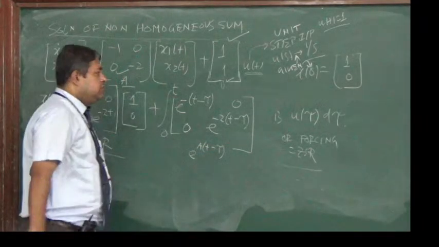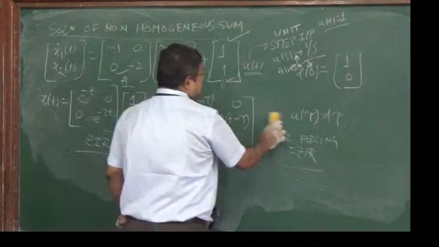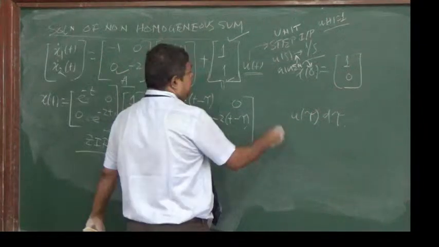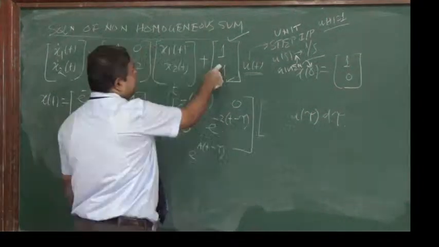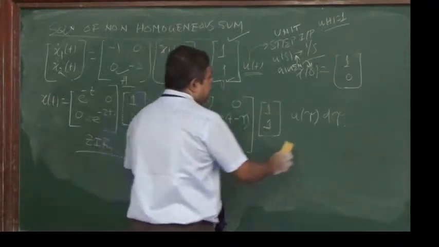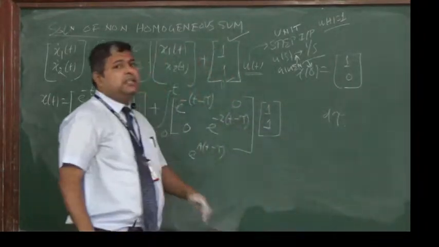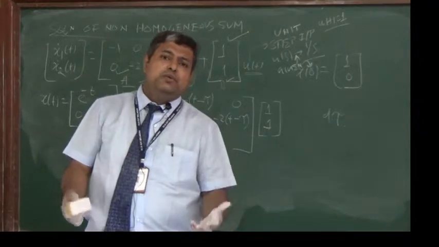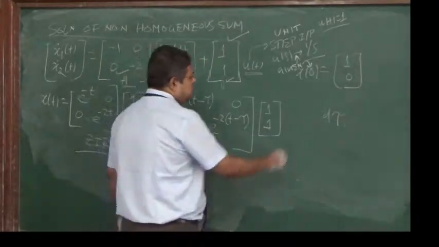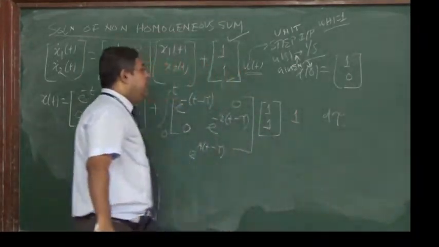What is the value of B? B is the given B matrix, that is [1 1]. u(tau) is the unit step, so the amplitude remains 1, and then d tau.